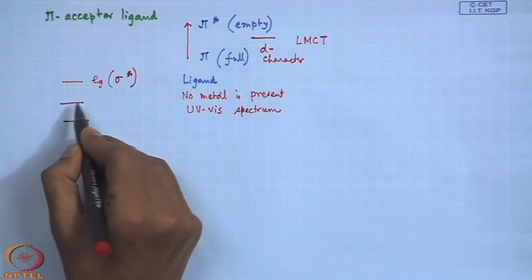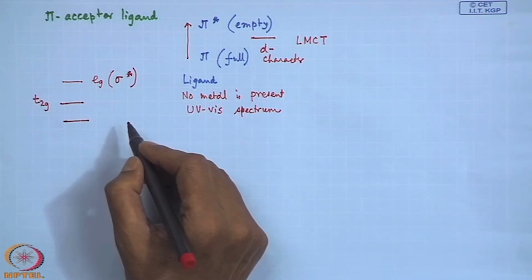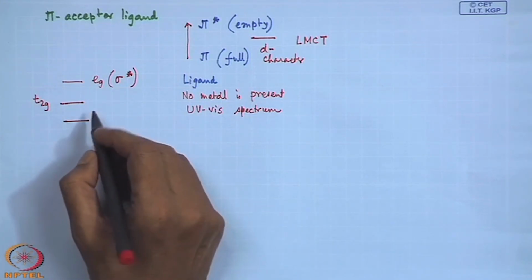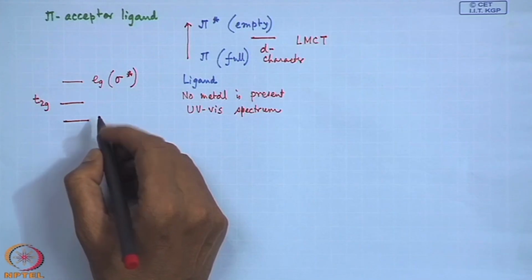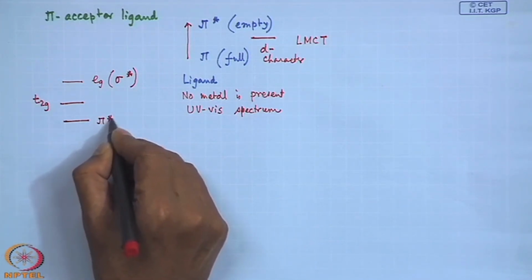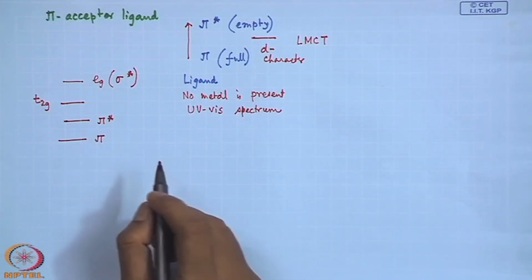We can have the T2g which is not interacting with the ligand, which remains as the non-bonding level for this 3d6 system, and we can have the corresponding pi star as well as pi level.